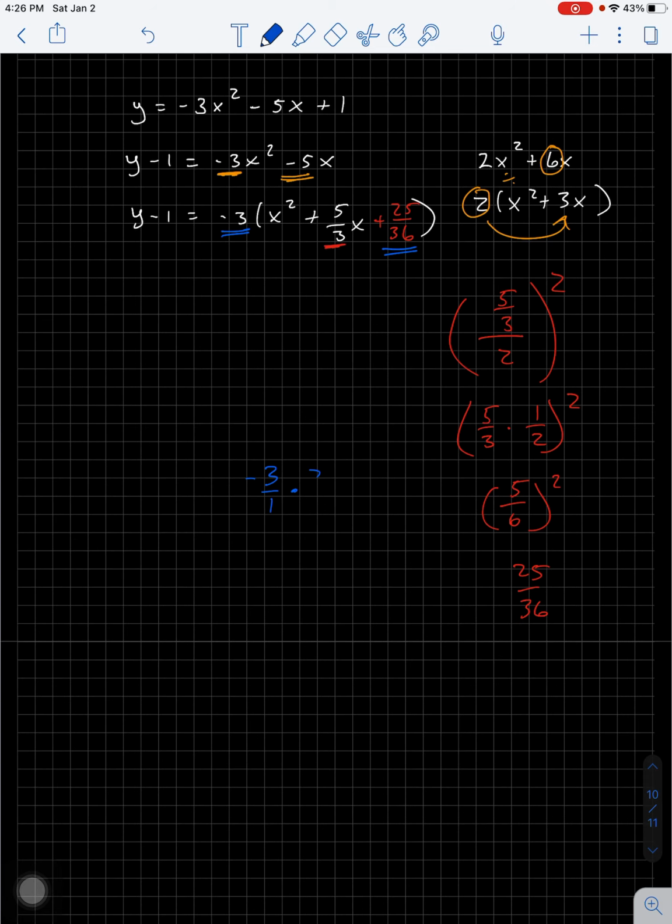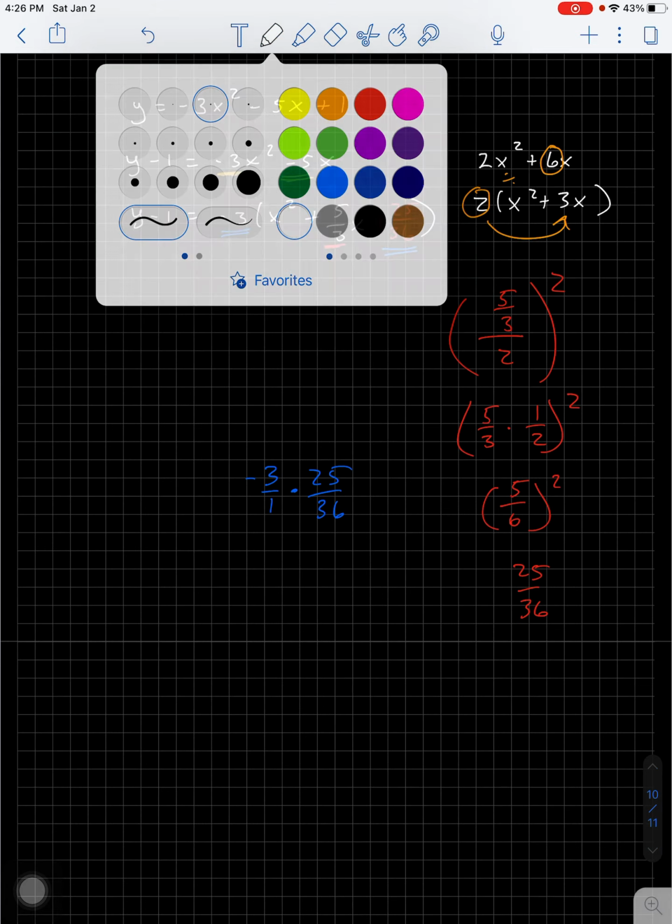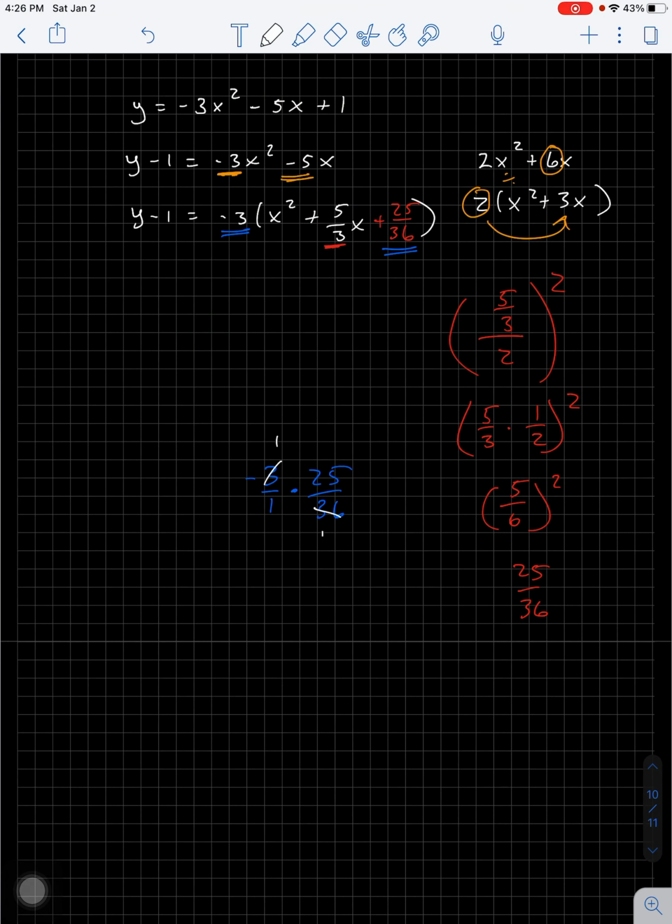Negative 3 over 1 times 25/36. I can cross cancel before I multiply if you want. You do not have to. You can reduce later. And that's going to equal negative 25/12. So that's what I'm going to put on the left hand side.